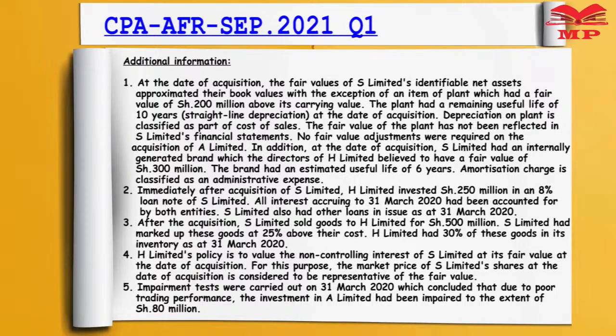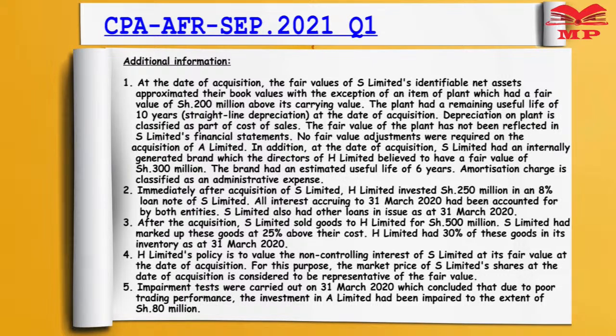So that is just information, because if you look at the statement of financial position, under assets, there is financial assets, and you can see under H 250, that is a financial asset that was acquired from S by H. It is already recorded, so you don't need to record. Okay, but it is necessary to inform the student.